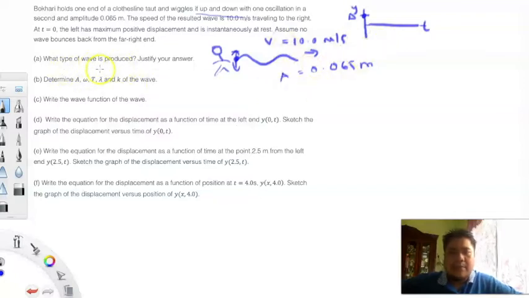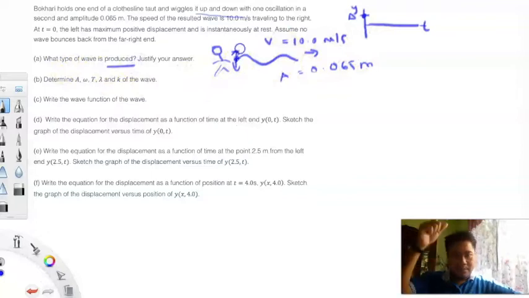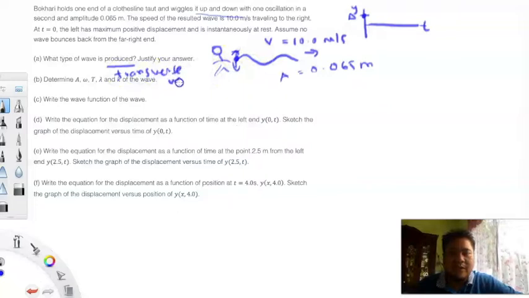Then what type of wave is produced? Since the particle oscillates perpendicular to the wave propagation, it is a transverse wave. Next is to determine the amplitude, omega, T, lambda, and k. The amplitude is given here.